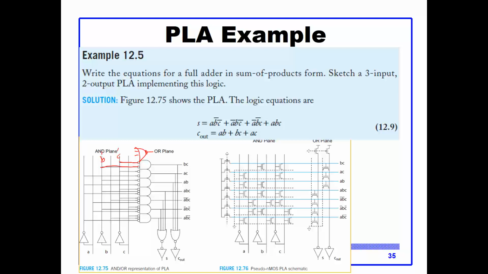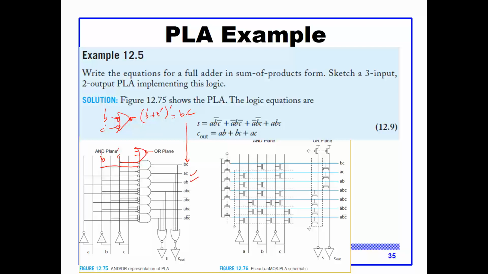Once I have B prime and C prime, logically this will be B prime or C prime, all under NOR, and this equals B ANDed with C. This is exactly what I want using De Morgan's law. Similarly, this is how I generate AC. So I use inverted inputs for these NOR gates.